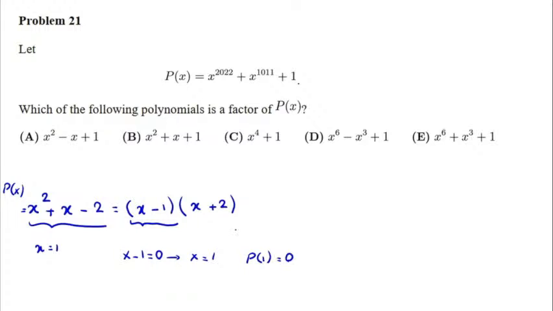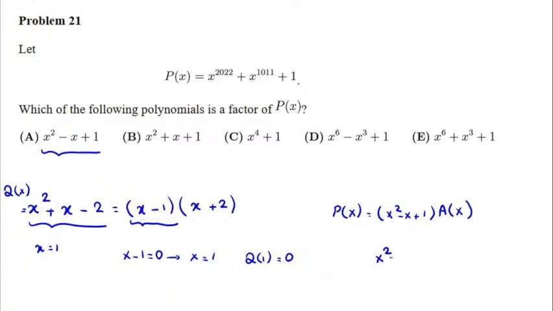Now, let me tell you another thing. If, for example, P of x is a multiple of this, x squared minus x plus 1, then, let me call it Q of x, not to make a mistake with this. Suppose Q of x equals (x squared minus x plus 1) times A of x, if it is a multiple.